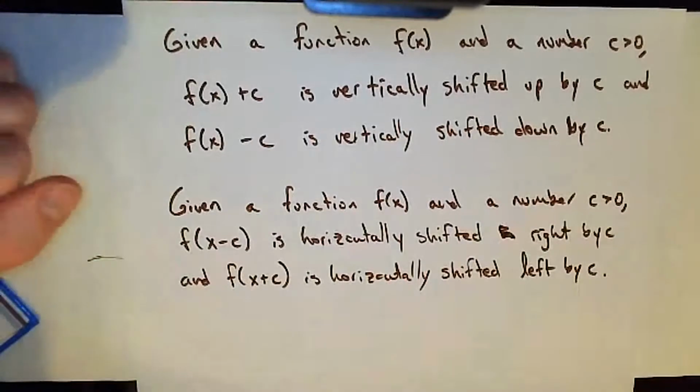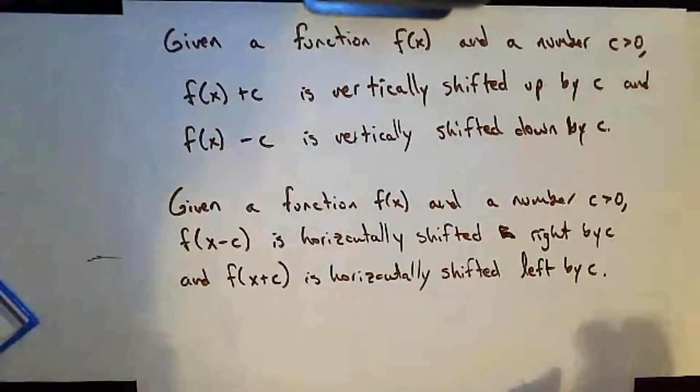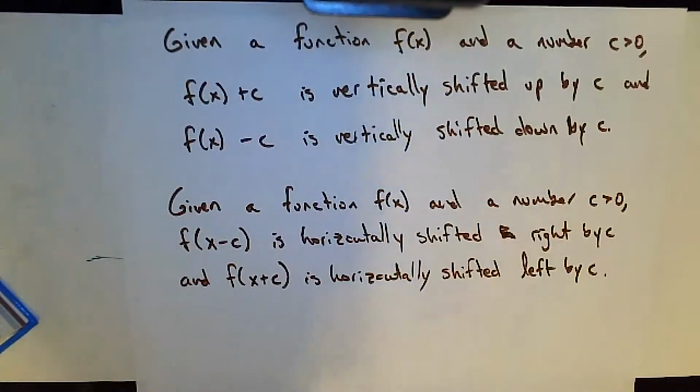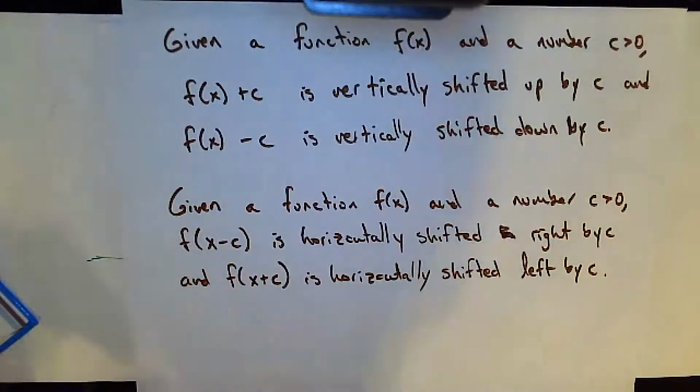Okay. Given a function f of x and a positive number c, f of x minus c is horizontally shifted right, and f of x plus c is horizontally shifted left by c, which is what we just saw with those two parabolas.